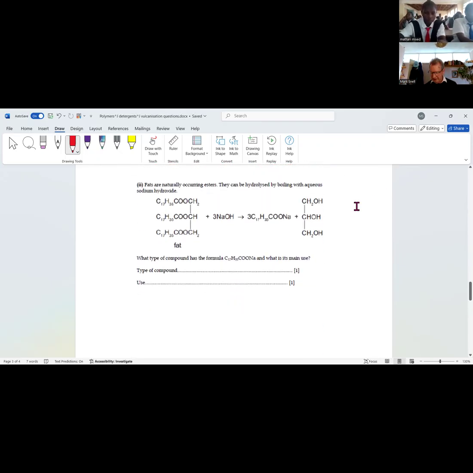Here is very similar because this is about the same reaction. So this shows a fat, but it could be an oil. What I want you to do is recognize this bit of it.